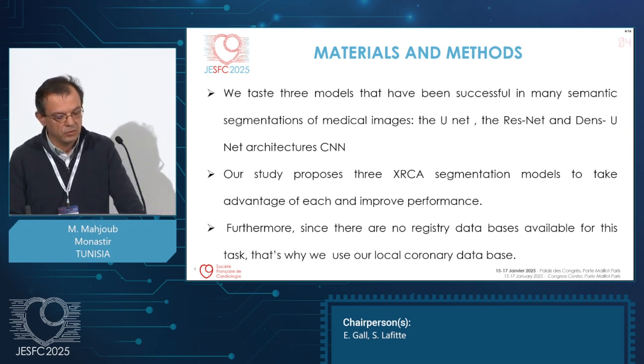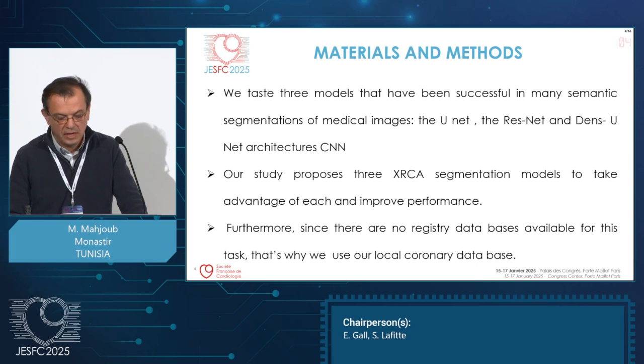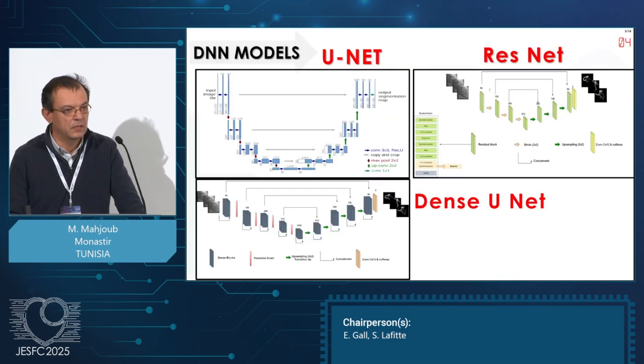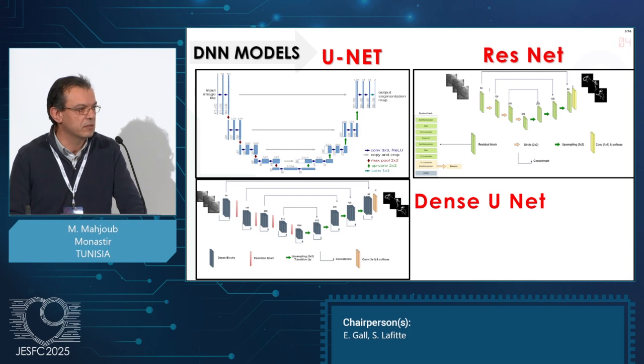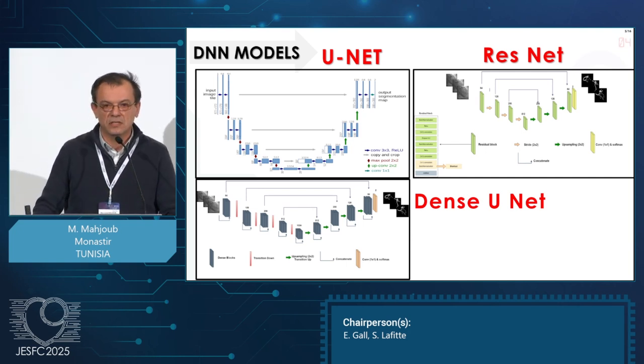Furthermore, since there is no registry database available for this task, we have our local coronary database set. These are the three models that we tested. The UNet model was described firstly in 2015. The ResNet model was described for the first time in 2016, and the dense UNet in 2017.